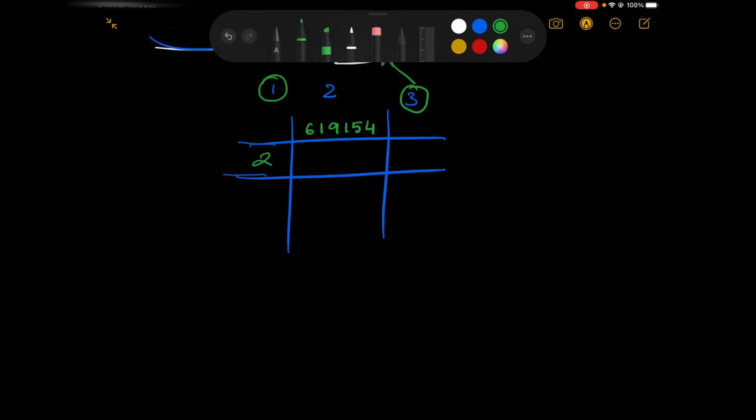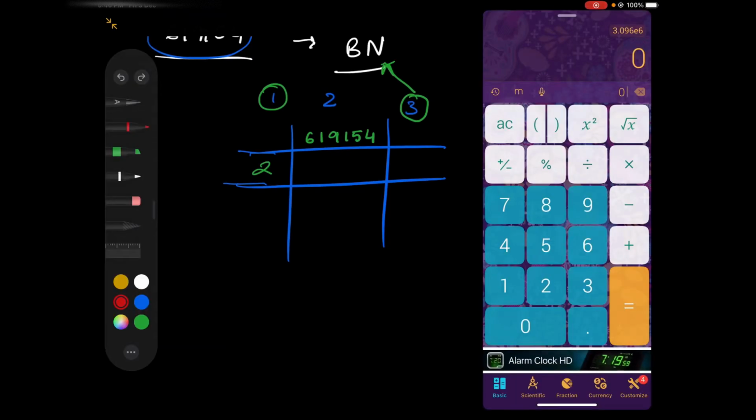You can use a calculator or do it manually. Here I have my calculator, and we are going to divide this number by 2.